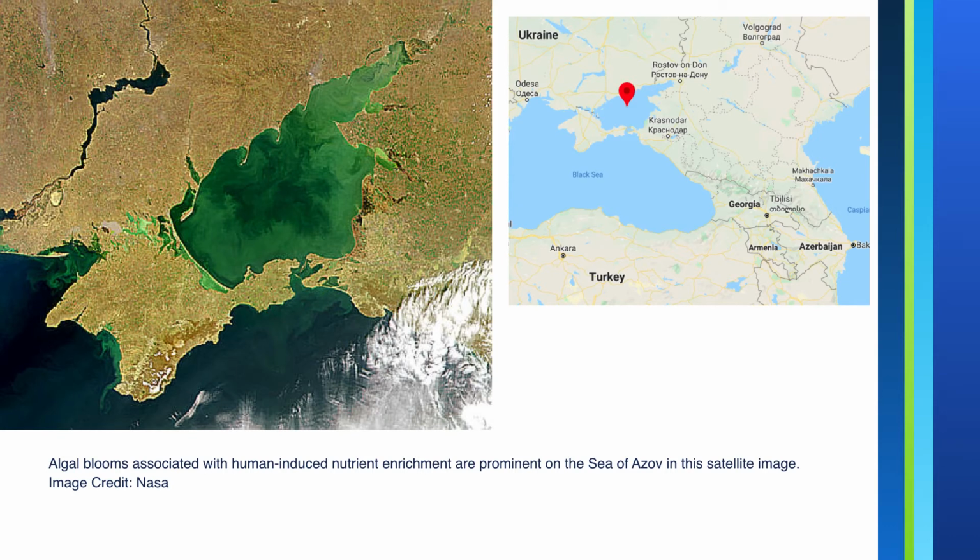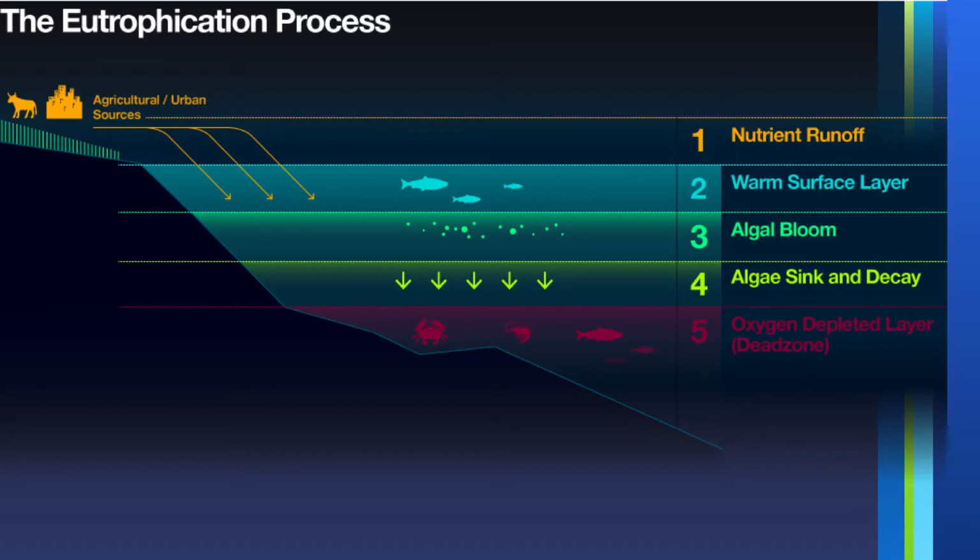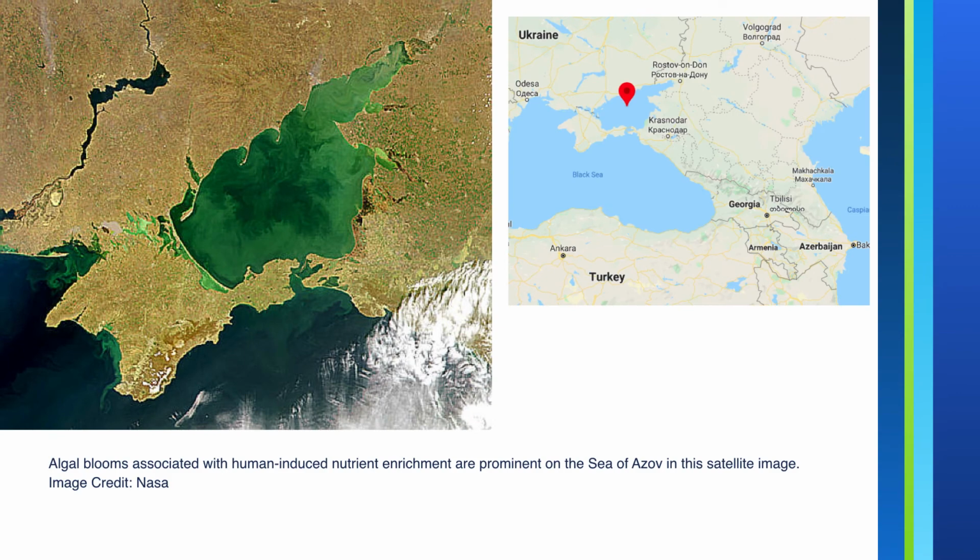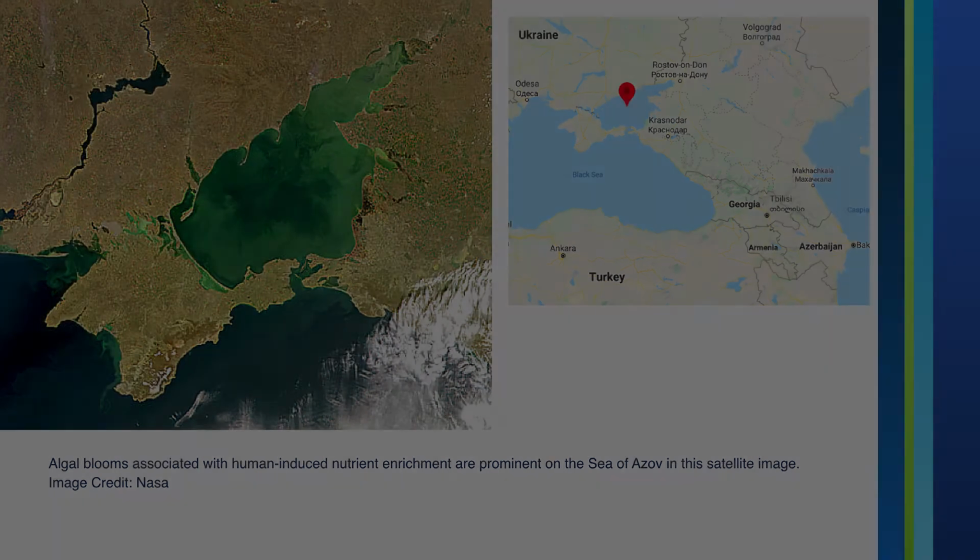And this becomes a problem because these algae can outcompete other plants, larger plants in particular, for oxygen and sunlight, causing significant ecological changes. And also, as these algae die and begin to decompose, they can cause what's called a dead zone, or an area of depleted oxygen in the water, especially in marine areas. We'll look at that in a brief moment. So this is one way surface water is contaminated, when there are too many nutrients and it causes an algal bloom.